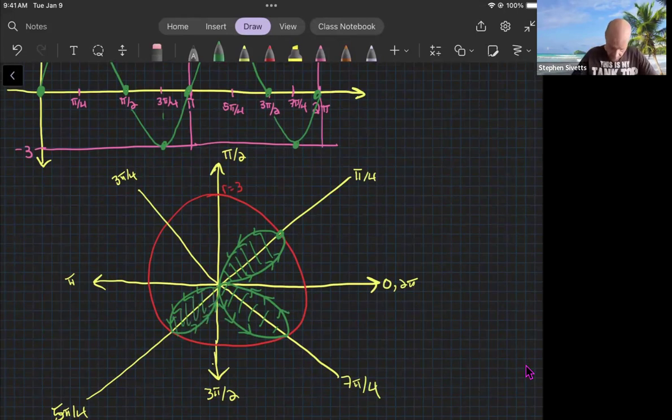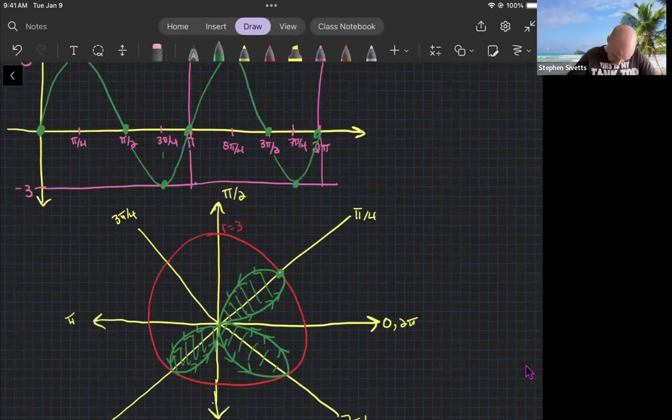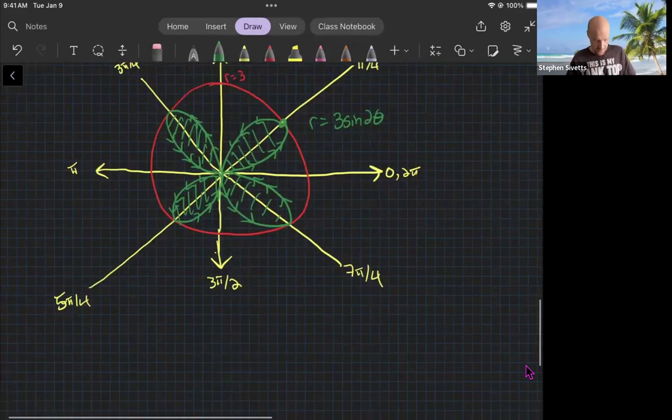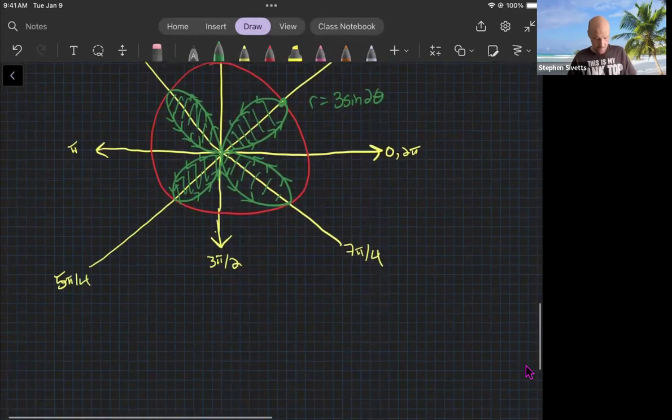And the last petal would be over here, this way. So this is the polar graph for r equals 3 times sine of 2 theta. Those are your 4 petals.